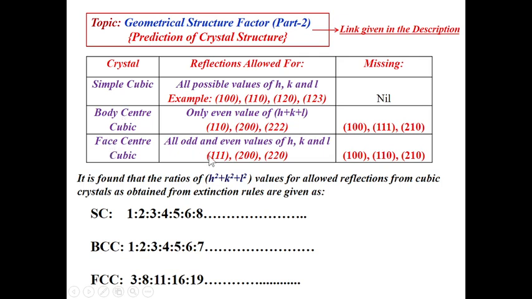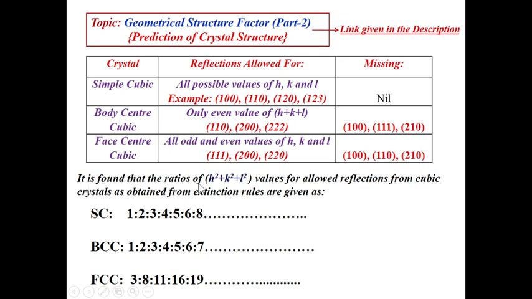In case of face centered, these planes will be possible. That means only all odd or all even values of HKL will be possible for face centered, but the missing planes will be these ones. This in detail we have discussed in this topic. You can refer to this video, I will give the link in the description.